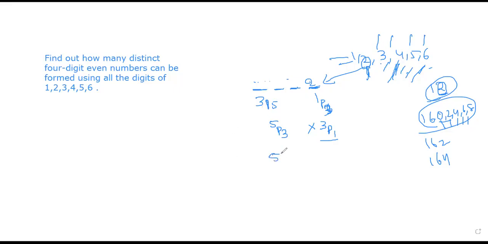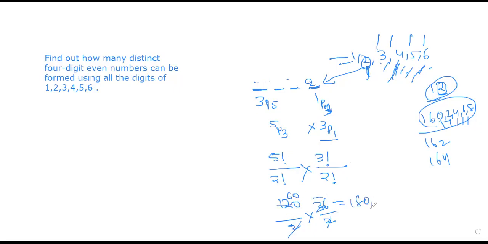So 5P3 is 5 factorial by 5 minus 3 factorial, nothing but 2 factorial, into 3P1, nothing but 3 factorial by 3 minus 1 factorial. Just try to simplify this: 120 by 2 into 6 by 2. So what is the answer here? 180 ways. Okay, 180 ways is the answer.